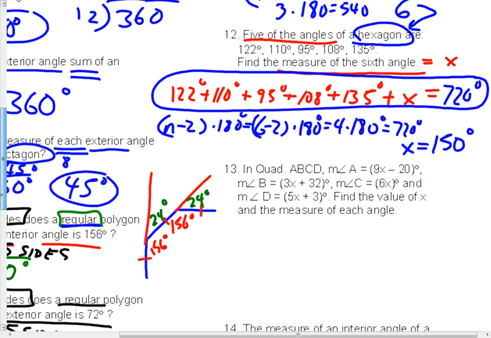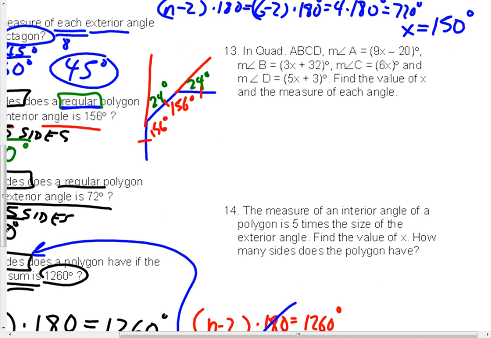13, we have a quad. Find the value of x and the measure of each angle. What would I set up for 13? What kind of equation? So you totaled up all of these?